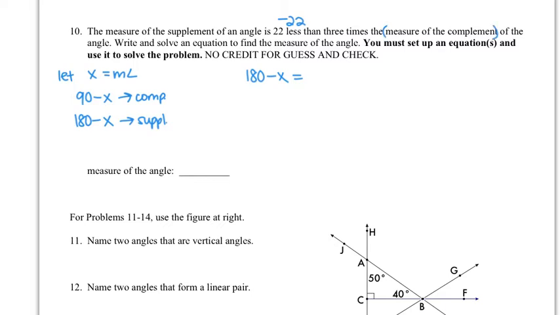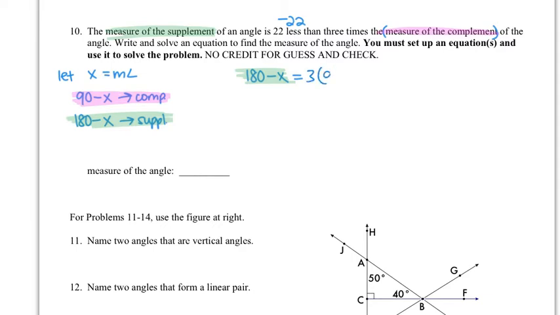Okay, I'm going to do some highlighting here to help us. Measure of the complement. Well, here's the complement right here. And then this one was measure of the supplement. And then here's measure of the supplement right here. So supplement is equal to 3 times the complement. So 3 times that whole complement.